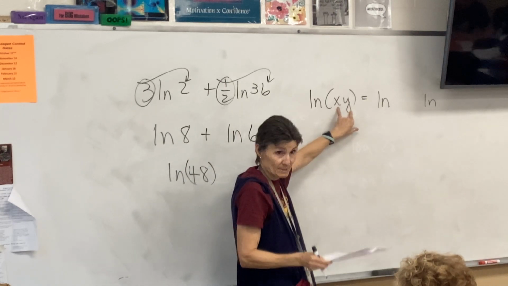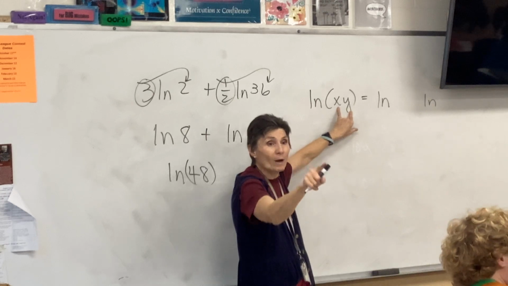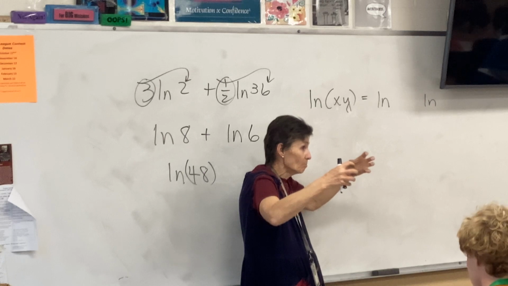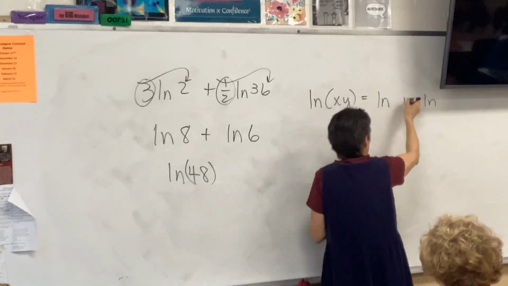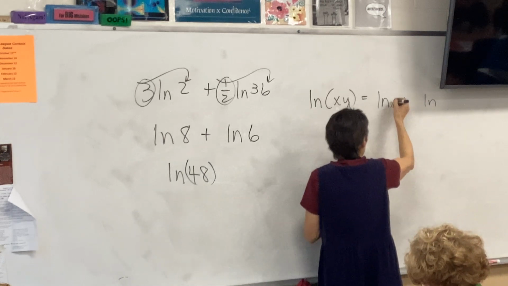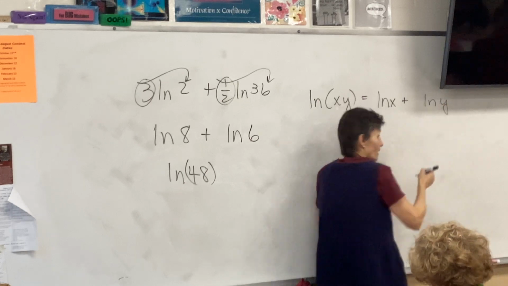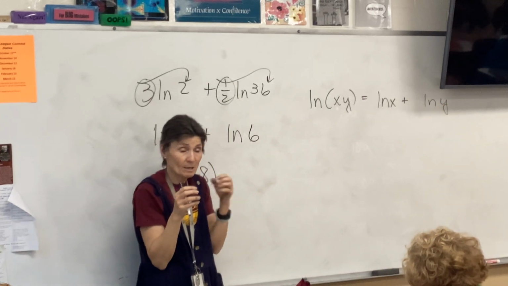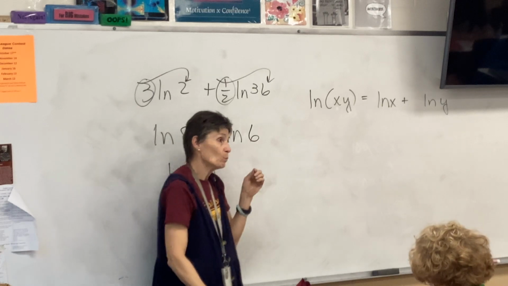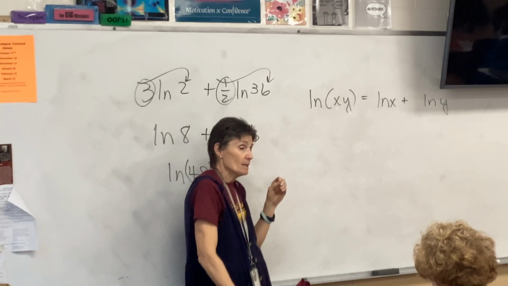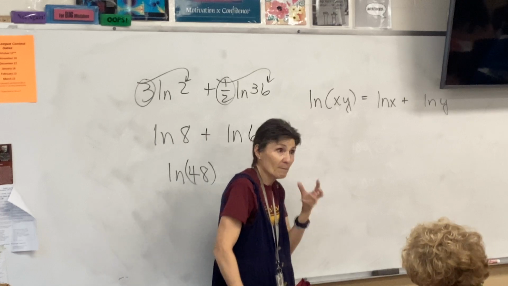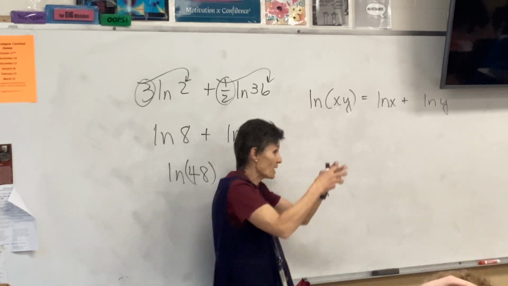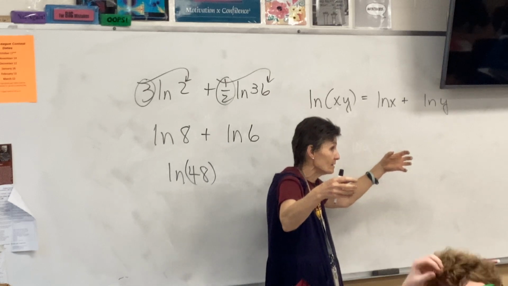They're being multiplied. So when you pull them apart, it's going to be a plus. So it's going to be ln x plus ln y. Now we're pulling it apart. So remember when you put them together, if it was an addition problem, it became a times. So if it's a times, when you take it apart, it becomes an addition.